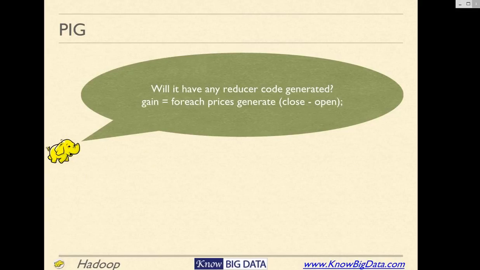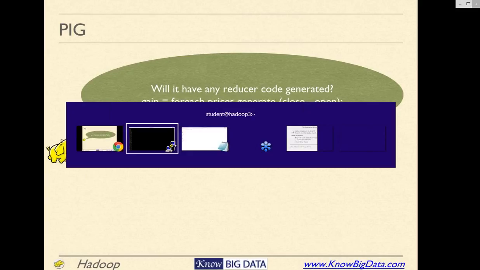Will there be any reducer code generated? Okay, so Achintya and Vijay say no. Achintya says no because it is only fetching the data from HDFS.